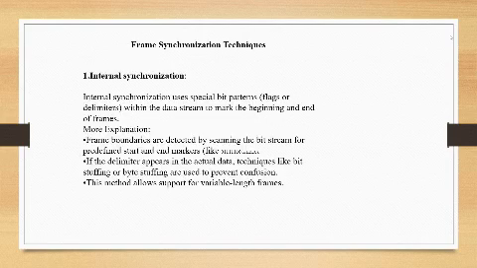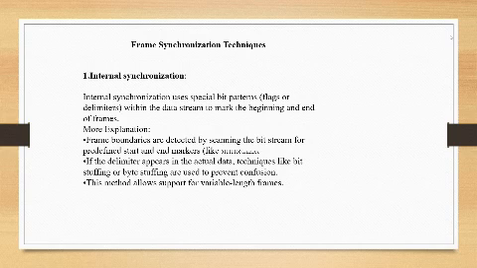Next is frame synchronization techniques, and the first one is internal synchronization. Internal synchronization uses a special bit pattern, flag, or delimiter within the data stream to mark the beginning and end of a frame.